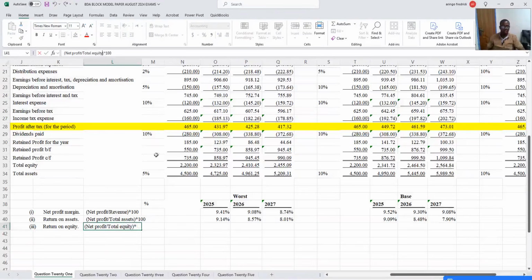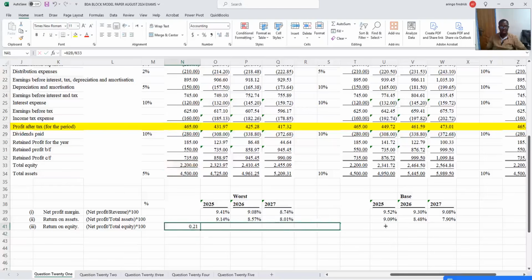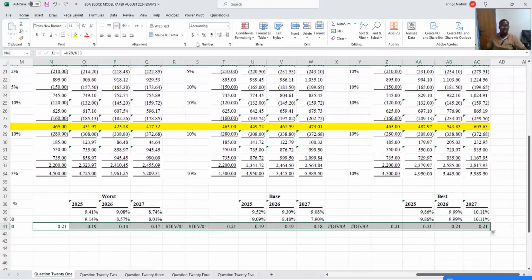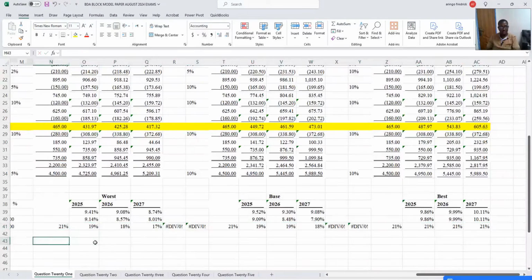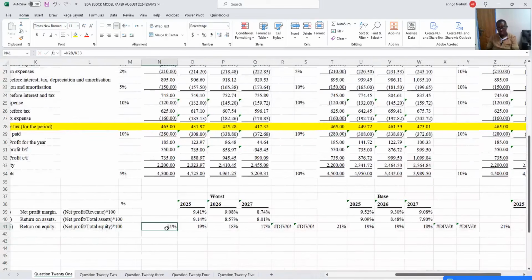So we take my net profit and divide by our equity component. So in that case, I drag it all through, have it into percentage. I don't need this. I don't need this.